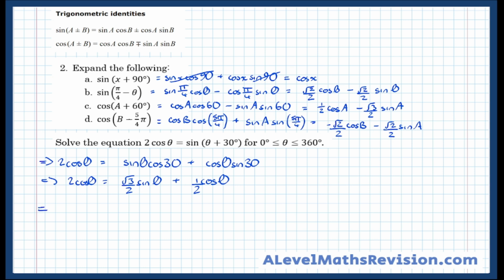So, next line, let's gather up all the cos thetas. So we've got 2 cos thetas there and a half cos theta there. So taking the term over, 2 take away a half is 3 halves cos theta, equals root 3 over 2 sine theta.